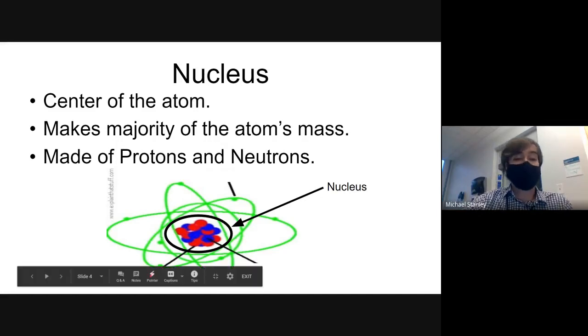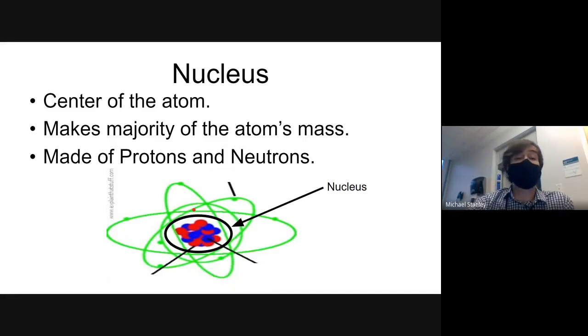So those are inside the nucleus, and then the electrons, these little green ones, are outside of the nucleus. So the nucleus is like the hard center, and then the electrons are zooming around the outside. So we've got our protons and our neutrons in the middle, and then the electrons swirling around the outside.